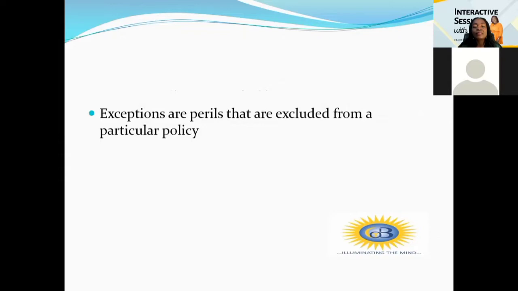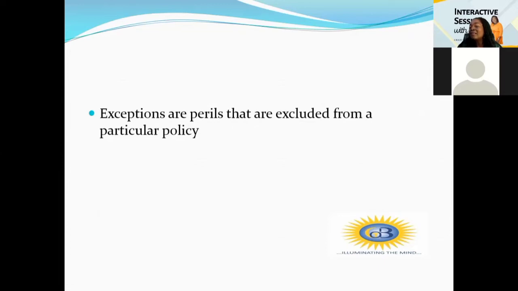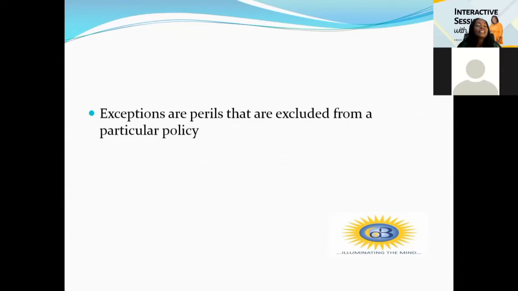Let's say, for instance, you have a fire policy to cover fire, and maybe the special perils also. If your house got caught in fire and there's a loss as a result of fire, and the building is razed down, and maybe the car that is parked in the compound is razed down, the fire policy that covers the building will not cover the car, although the car was inside the building.